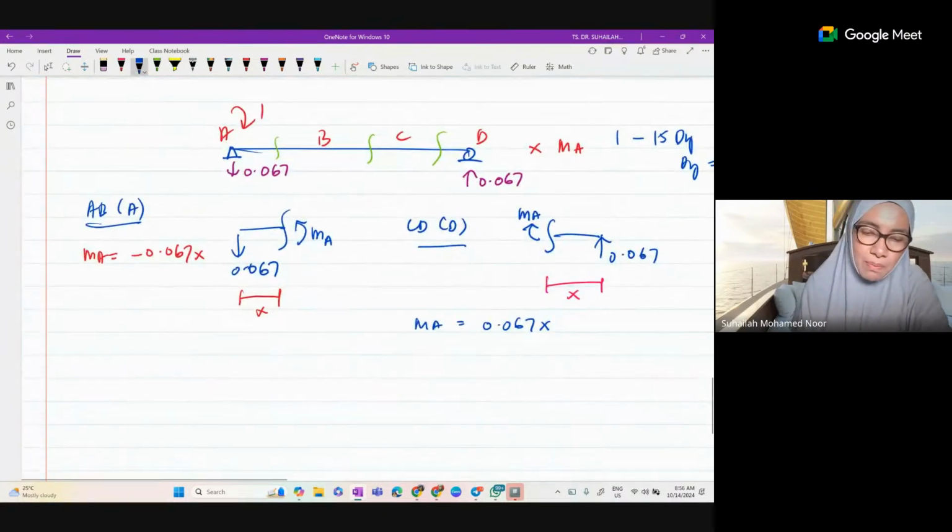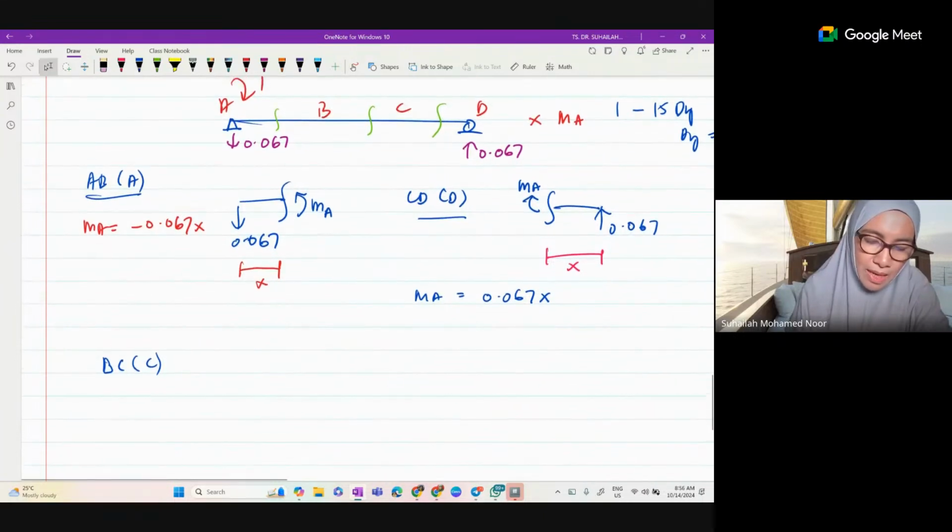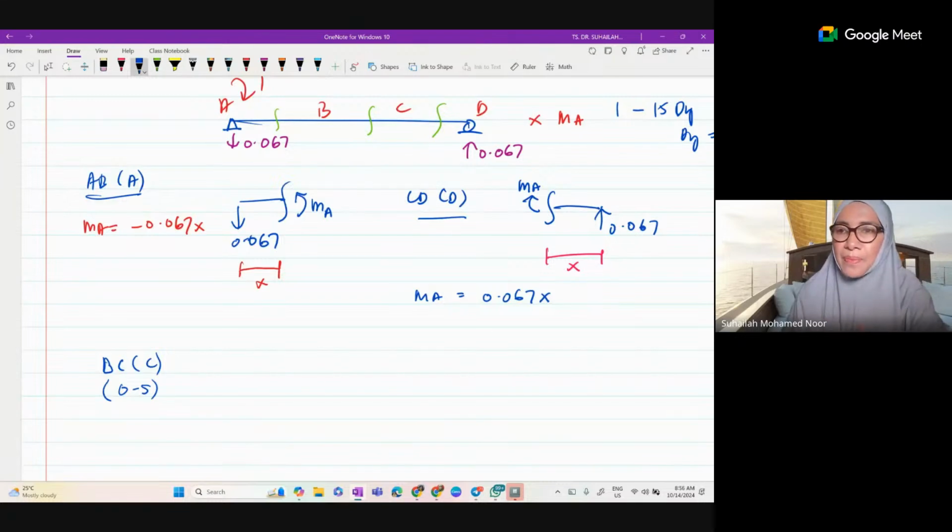Okay, for member BC, the origin is the same as before, origin C. The limit is also the same as before, 0 to 5. Okay, so the diagram for BC. So we have to draw from D, 0.067.